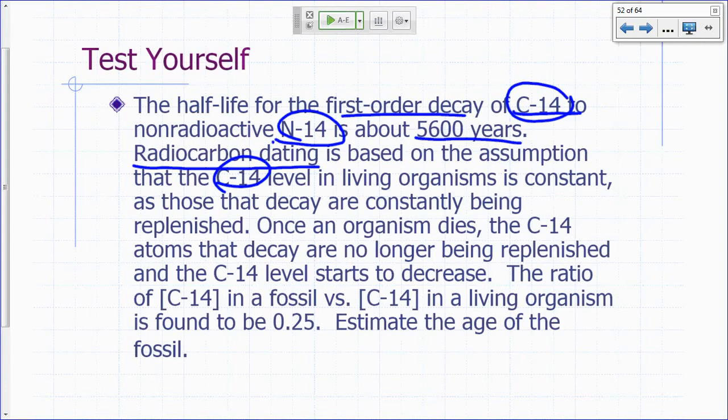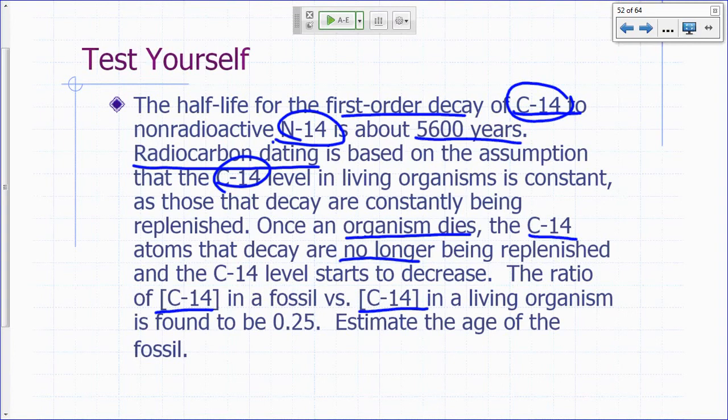But once you die, your carbon 14 will start to decay and is not being replenished anymore. The ratio of carbon 14 in a fossil to the carbon 14 in a living organism can be used as a way of determining how old the fossil is.